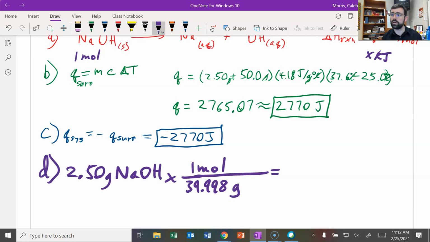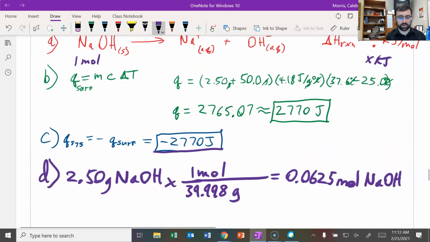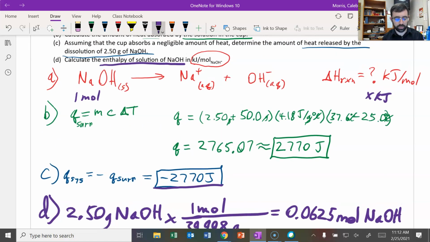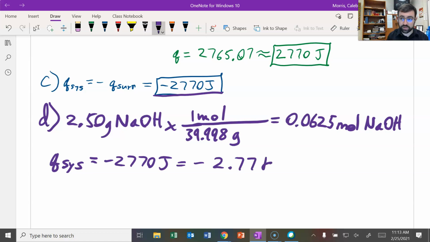And when you do that, you end up with 0.0625 moles of NaOH. Our heat is given here in joules. We want to convert it to kilojoules because we're looking for kilojoules per mole. So we end up with Q of the system equals negative 2770 joules, equals negative 2.77 kilojoules.